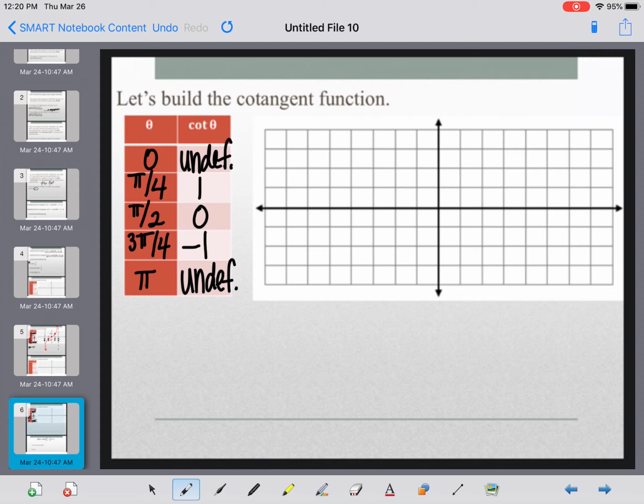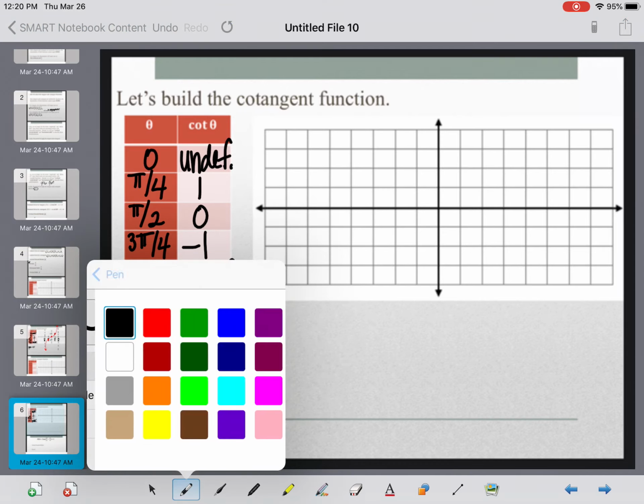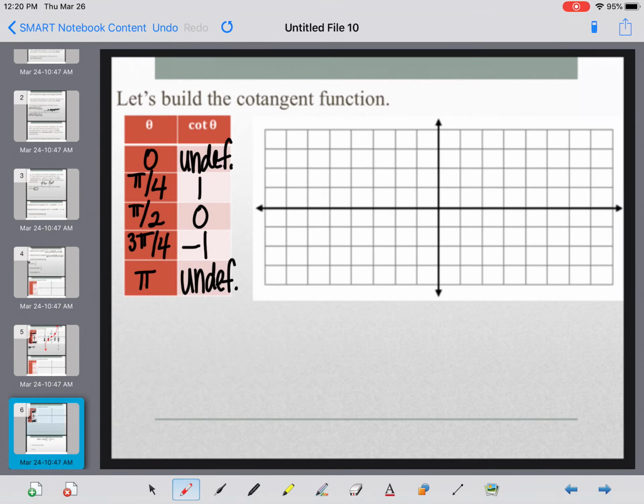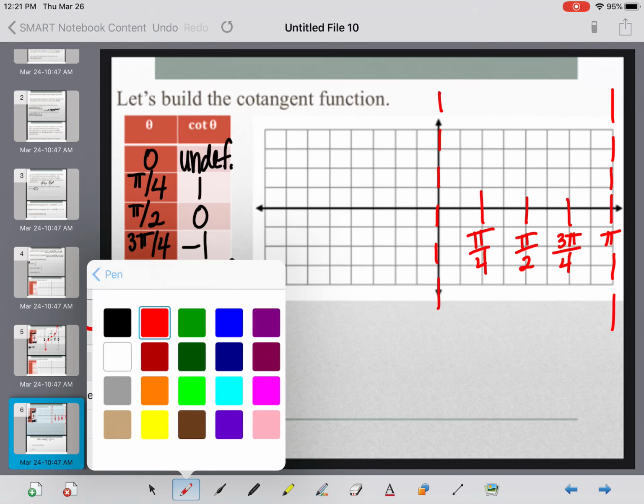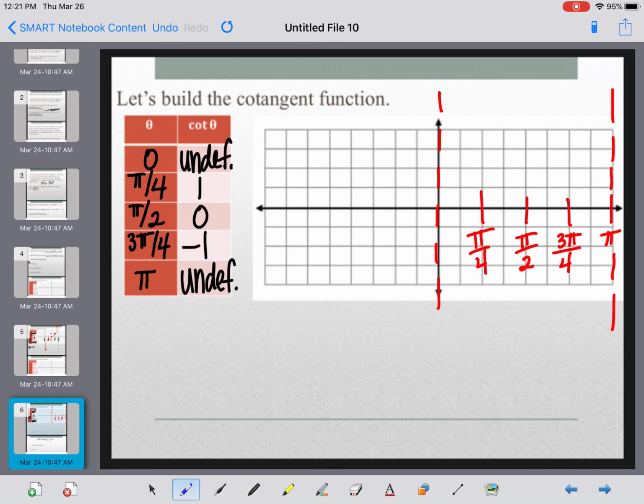That's one thing they have in common, even if the x or theta values are different. On 0 and pi, we have those vertical asymptotes again.